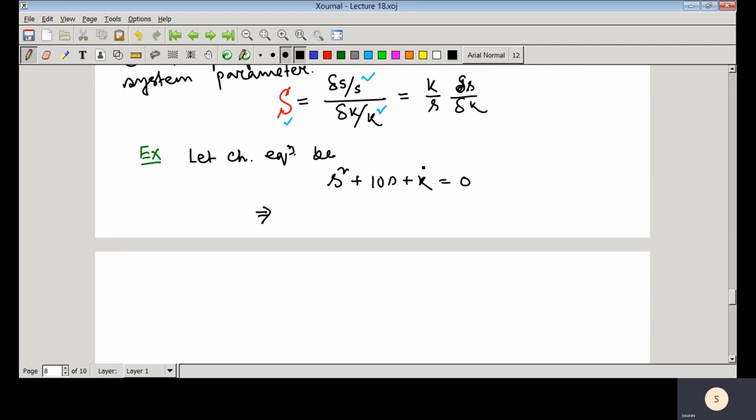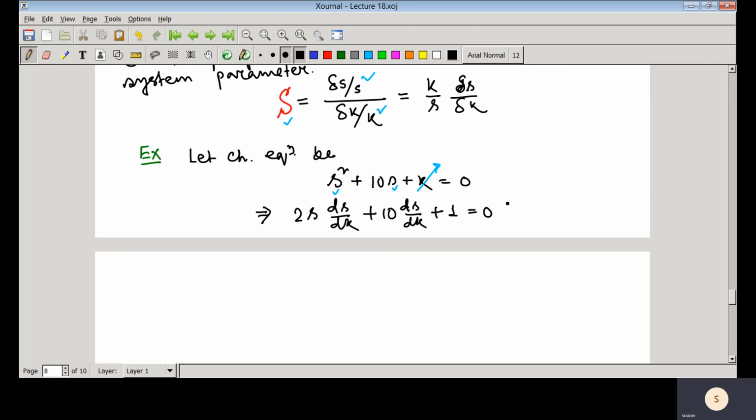So here you can understand that whenever this K varies, then those S, that means the roots, are functions of K. So then we can take the derivative of S with respect to K. Then we get 2S dS by dK plus 10 dS by dK plus 1 equal to 0.